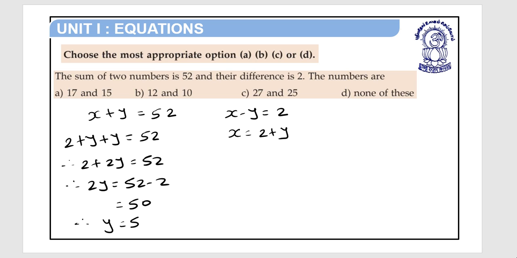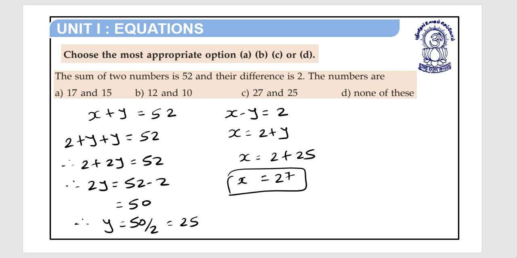So y is equal to 50 by 2, which is 25, and x is equal to 2 plus 25, which is 27. So one value is 27 and the second one is 25. So the answer is C, 27 and 25.